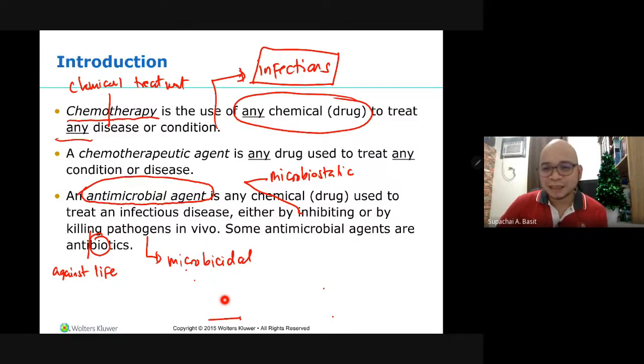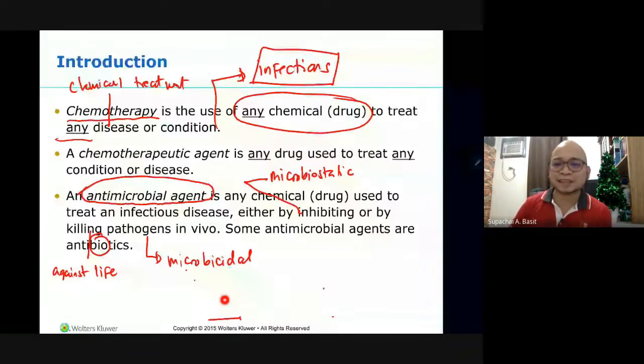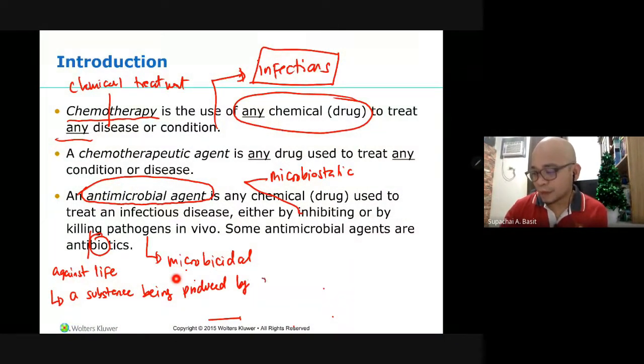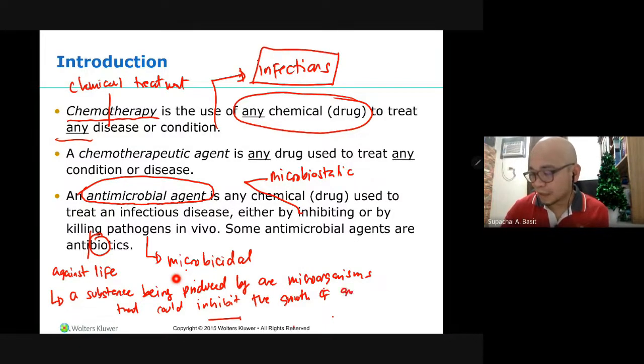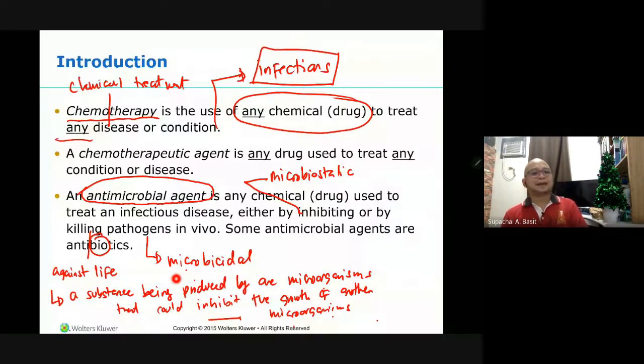So literally, the translation of antibiotics means against life, because an antibiotic is defined as a substance produced by one microorganism that could inhibit the growth of another microorganism. Okay, so that's what we mean by antibiotics.